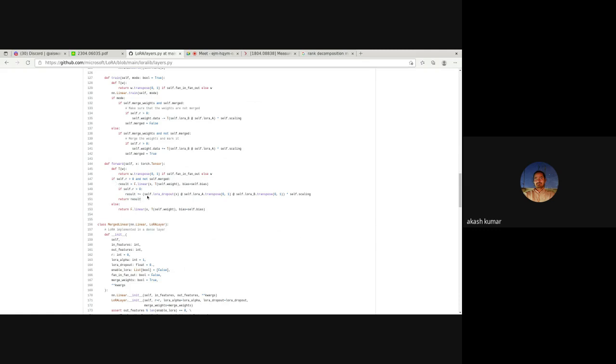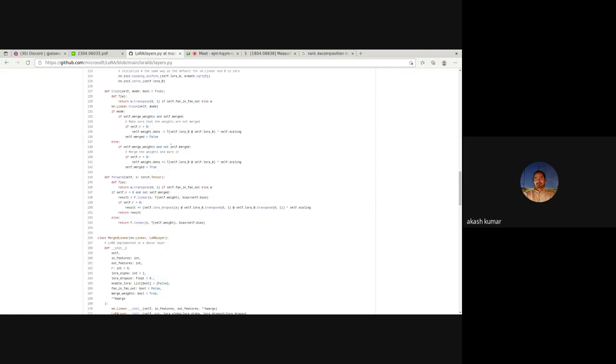And I'm still not sure about why this behavior is like this. Is it at runtime, at train time? At train time they are adding the result of whatever the LoRa weights learned to the output of that particular layer, and at test time they are just using the initial weights. So if you see here, they are toggling this variable, self.merged.